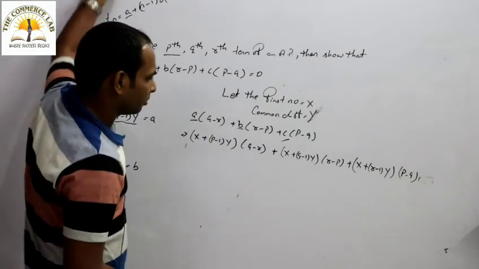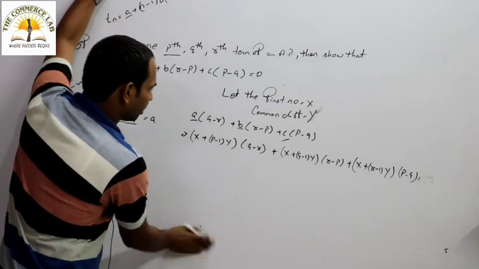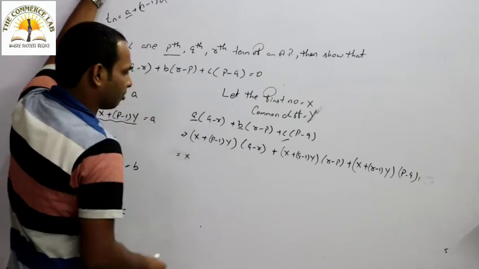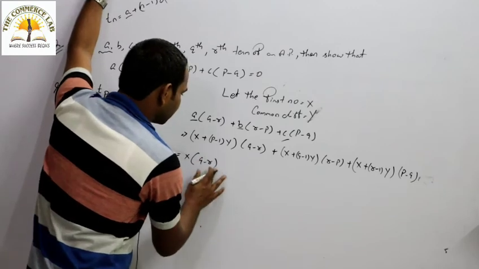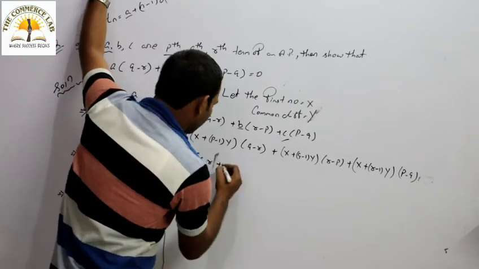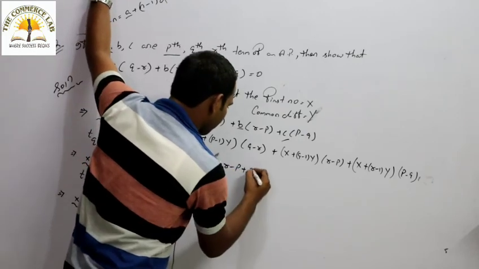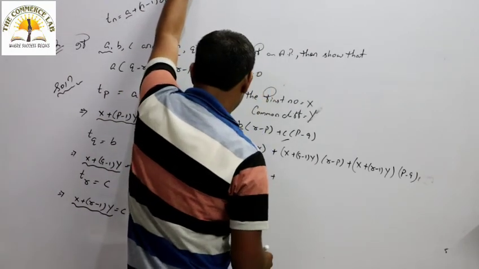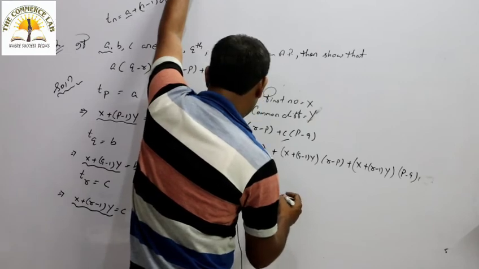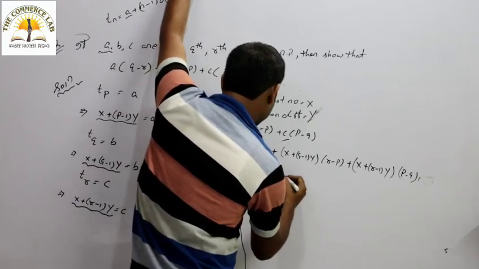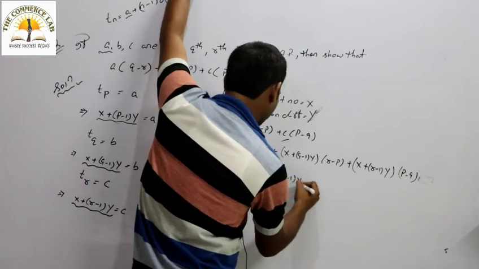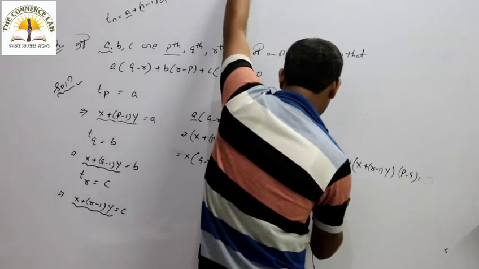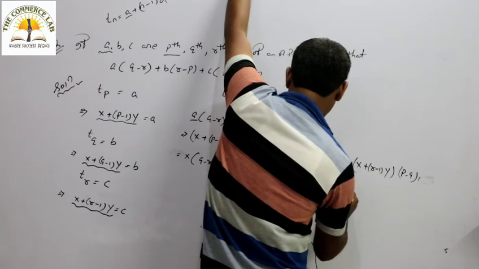Then by solving this one, if we split this one by taking x common, then x into (q minus r plus r minus p plus p minus q) plus y into (p minus 1) into (q minus r) and so on.